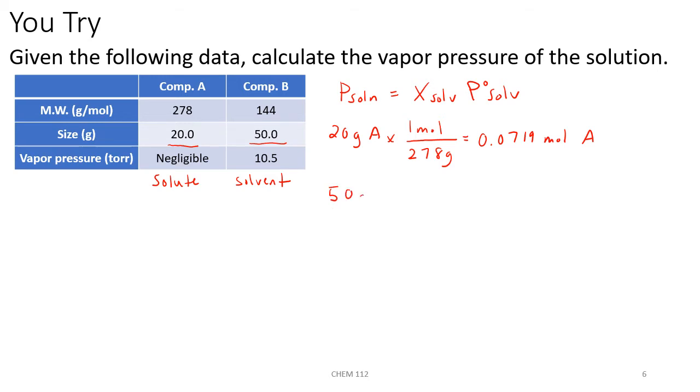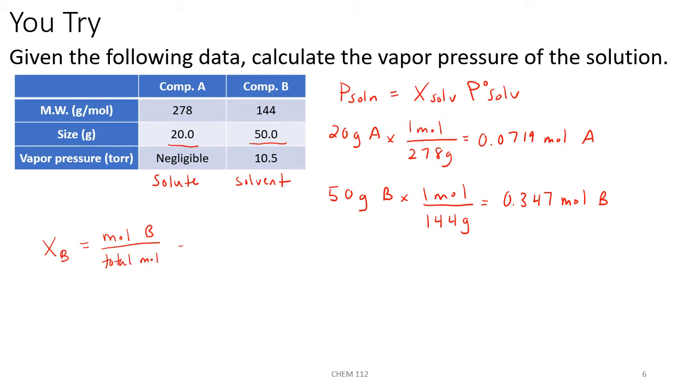Starting with our 50 grams of component B, the molar mass is 144 grams per 1 mole, and we get 0.347 moles of component B. Next, we can calculate the mole fraction of our solvent, which will be the mole fraction of component B. That'll be moles of B divided by our total number of moles.